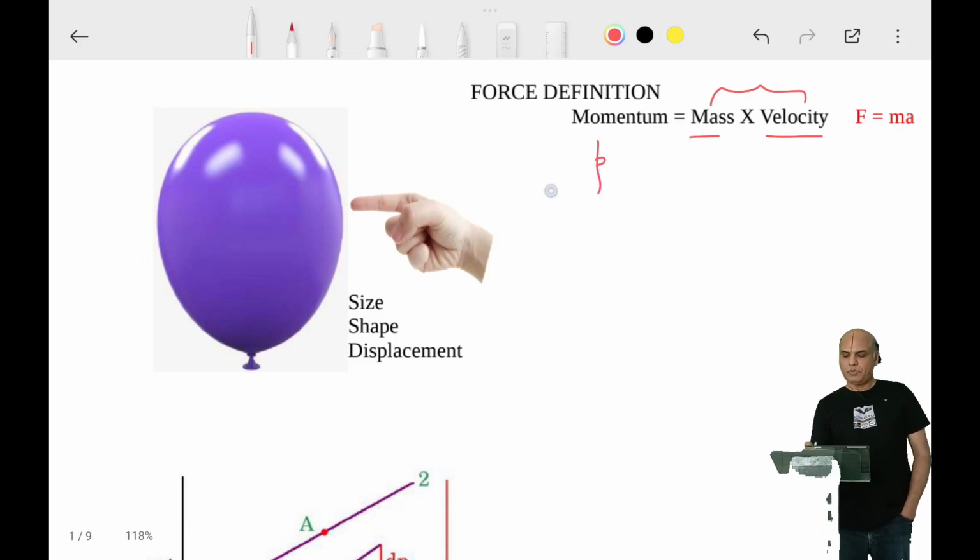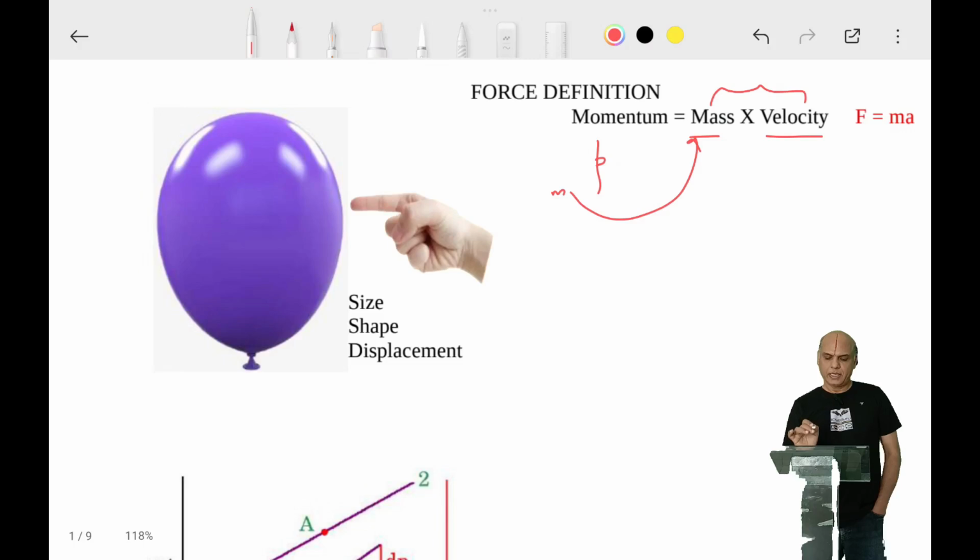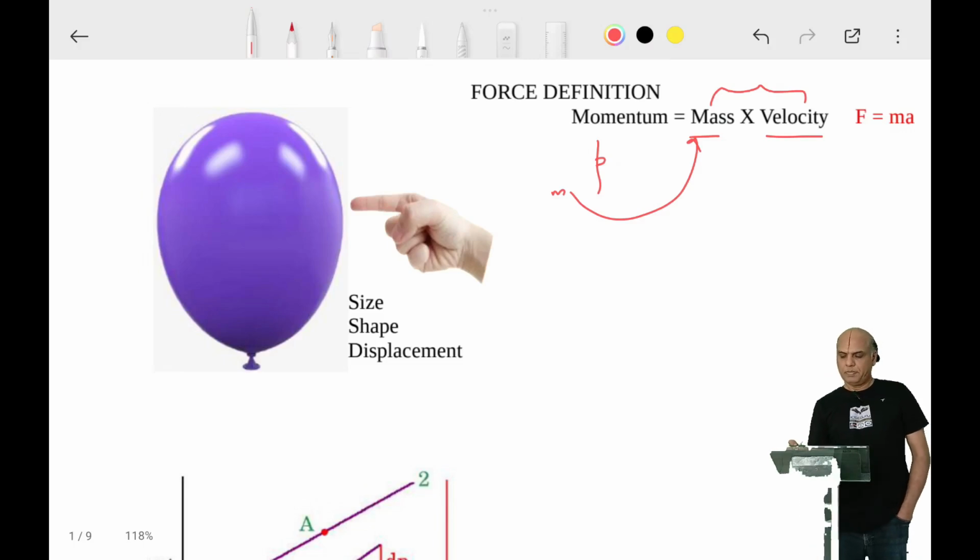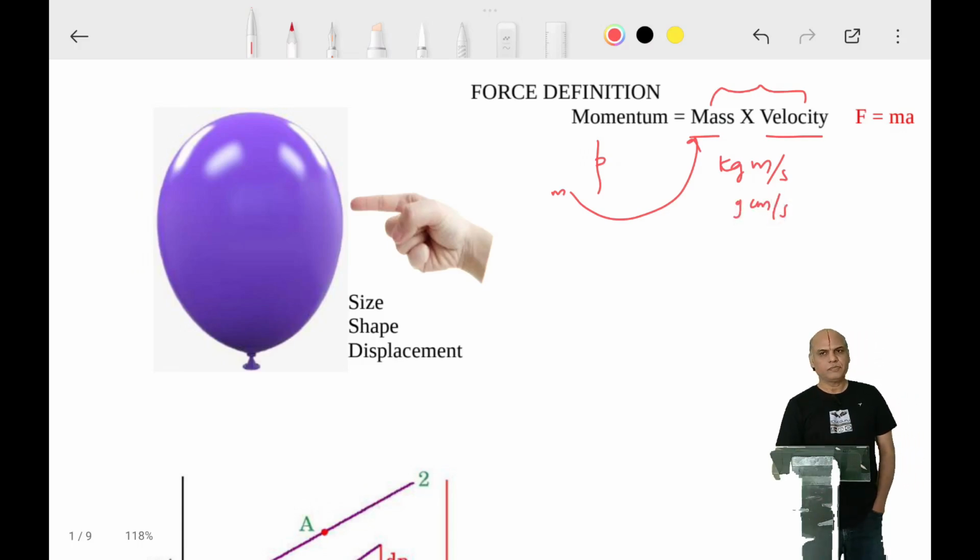We can't denote momentum by m because already m is used to denote mass. So momentum is denoted by small letter p. And the units of momentum is kg meter per second or gram centimeter per second. Clear?